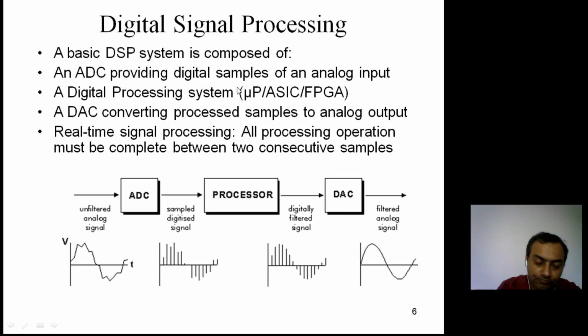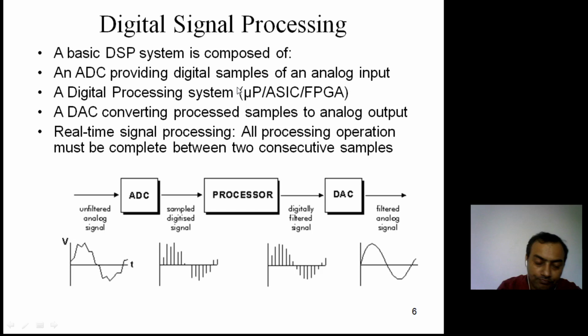The digital output is sampled by converting the analog signal into digital. Now the DAC, converting processed samples to analog output. Digital to analog converter, you can see here at the end. So we are going to get a filtered analog signal as the output.